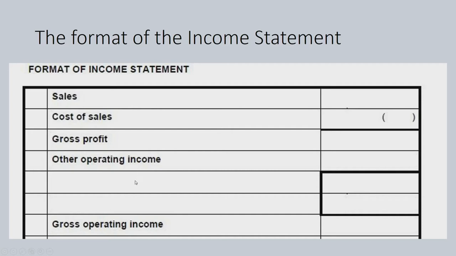Now, I'm going to mention a few incomes that you can find under operating income. And this information you'll find in the credit column of the nominal accounts section. So your incomes will be in the credit column of the nominal account section. So you can have rent income, discount received and bad debts recovered as incomes.